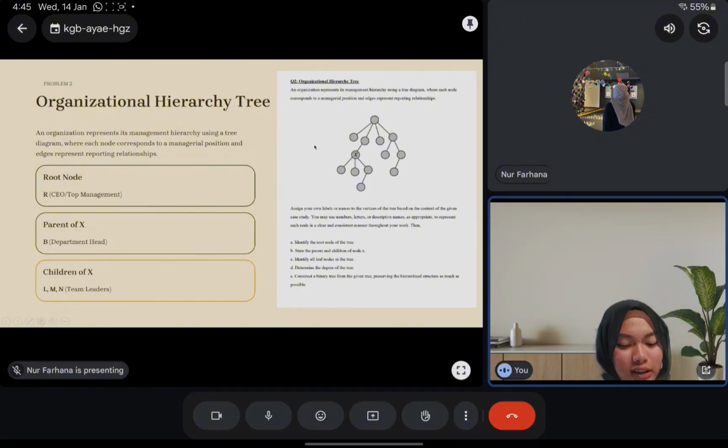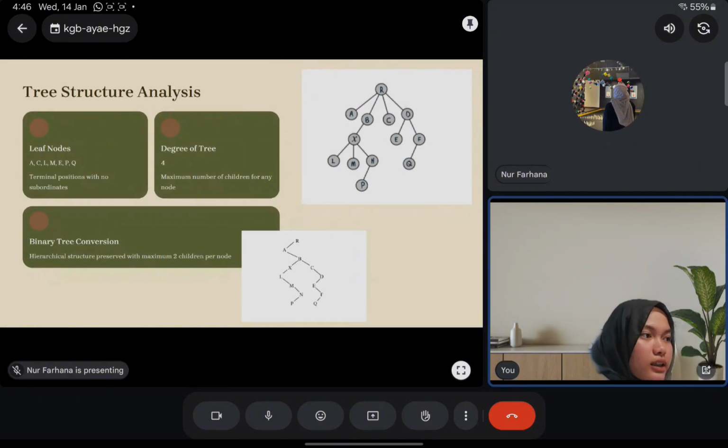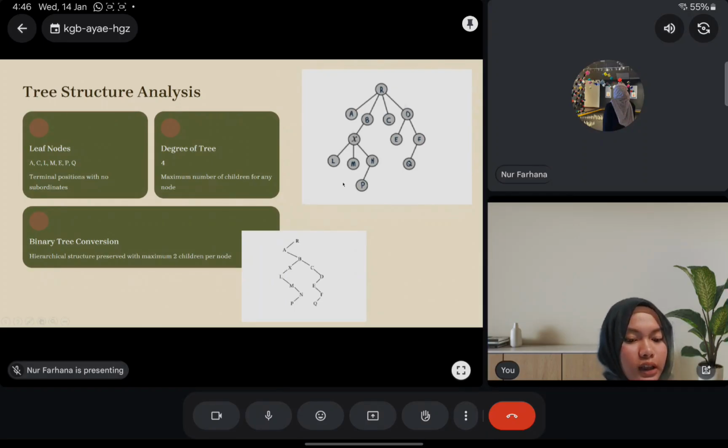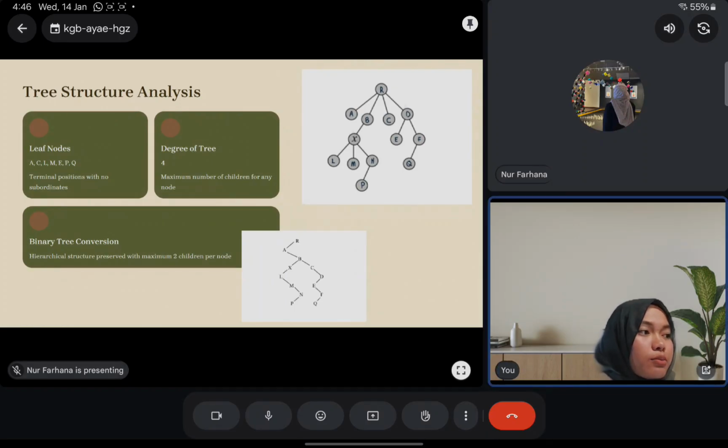For question C, identify all leaf nodes in the tree. A leaf means a node that has no children, which means it stays as the last node.